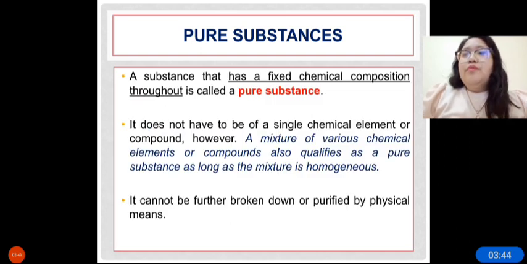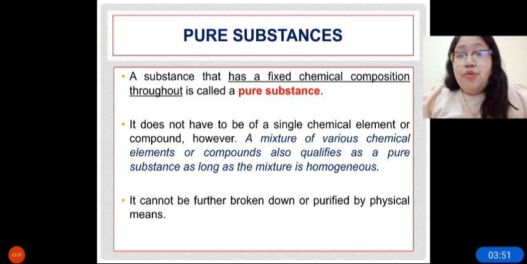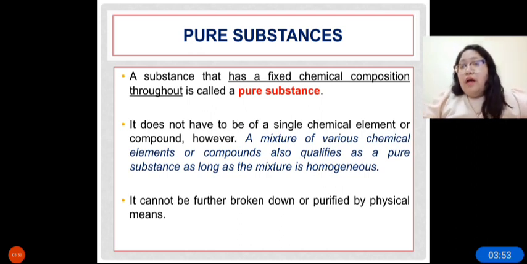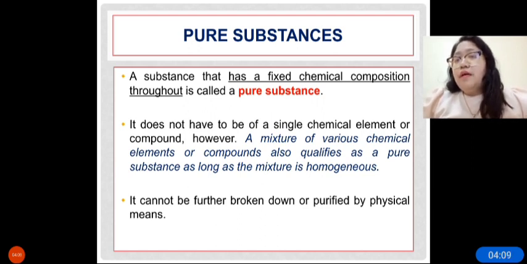Moving on, a pure substance is also defined as a substance that has a fixed chemical composition throughout. It does not have to be of a single chemical element or compound. So we could also classify a homogeneous mixture as a pure substance, but we just need to remember that a mixture of various chemical elements or compounds also qualifies as a pure substance as long as the mixture is homogeneous.